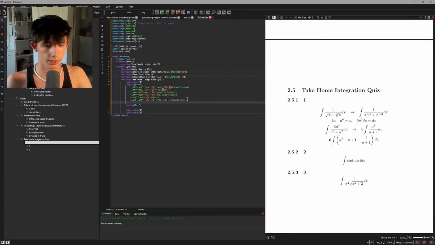Make a new line. Let's do 6, and then let's add a bracket on the left.